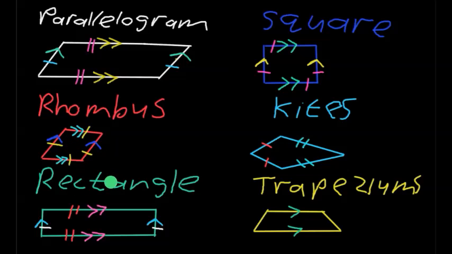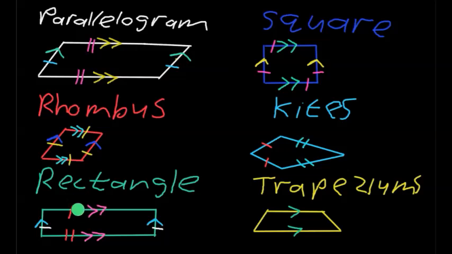Now we study the rectangle. Again, the rectangle is similar to the parallelogram and the rhombus in that 2 pairs of the sides run parallel to each other. Furthermore, it is in fact exactly the same as the parallelogram in the respect that 2 of the sides also have the same length.